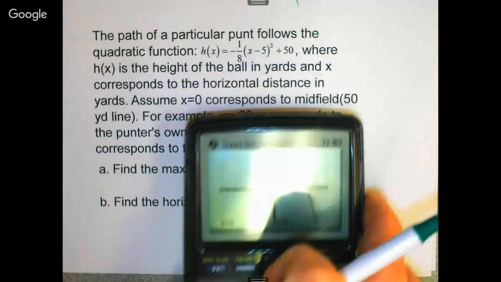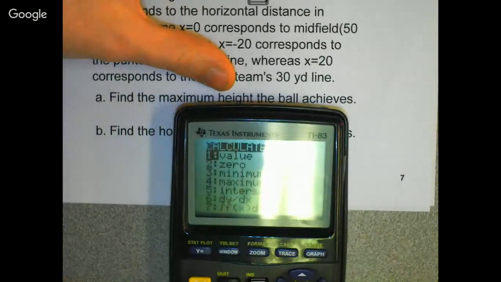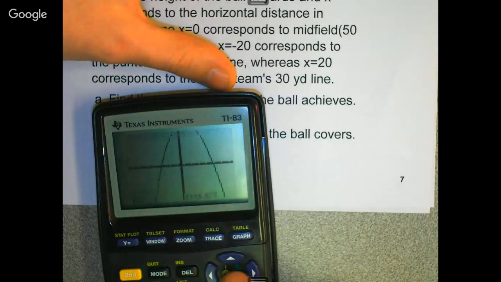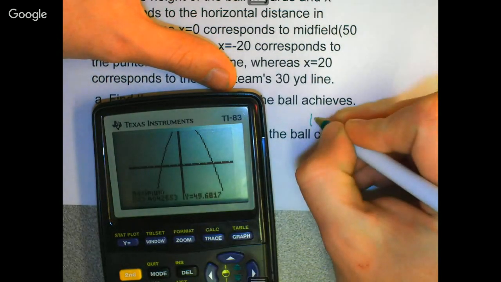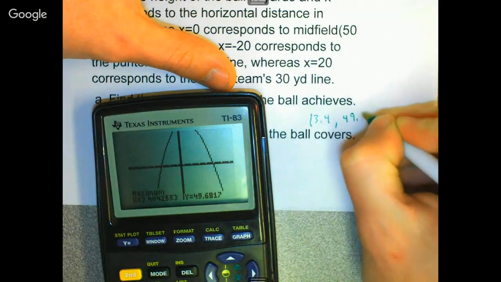Okay, so find the maximum height. So we're going to calculate maximum. So we're on the left, and we'll go on the right. And the maximum is at 3.4, comma 49.68.